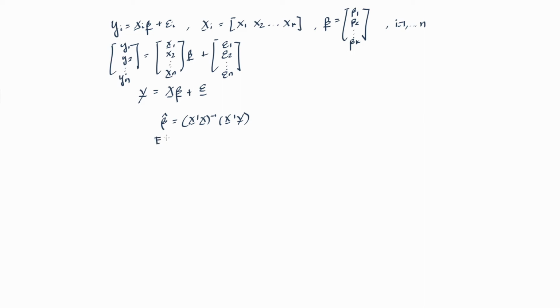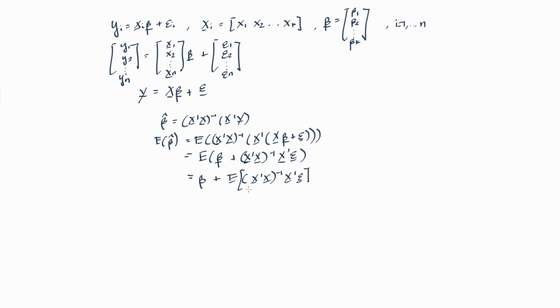Getting the expectation of beta hat, we'll have the expected value of (X prime X) inverse X prime y, but now we will replace y by X beta plus epsilon, and this will be equal to the expected value of beta plus (X prime X) inverse X prime epsilon. But beta is our parameter, therefore we will treat it as constant. Now the question is, what's the expected value of this?